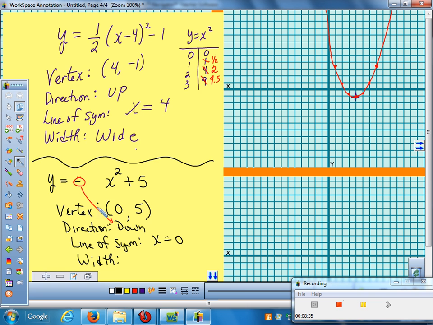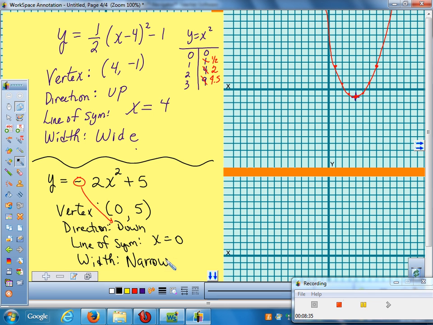Let's graph. What would still stay on? Oh, let's just do -2. So now is it still going to be wide? Now that it's 2, it's going to be narrow because we just did a wide one. I want to do a narrow one.